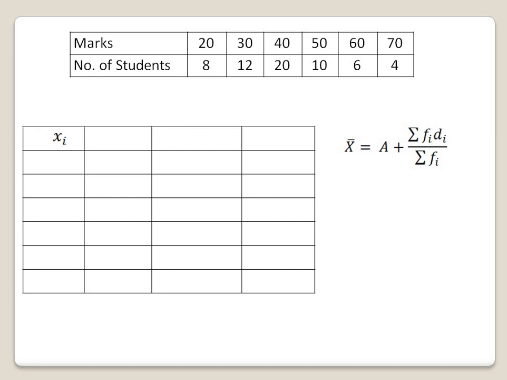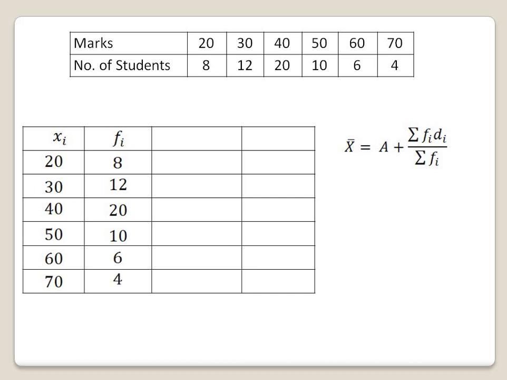Marks are given, that is 20, 30, 40, 50, 60 and 70. These are the marks which are denoted by letter xi, and the number of students, which is the frequency denoted by letter fi, that is 8, 12, 20, 10, 6 and 4.